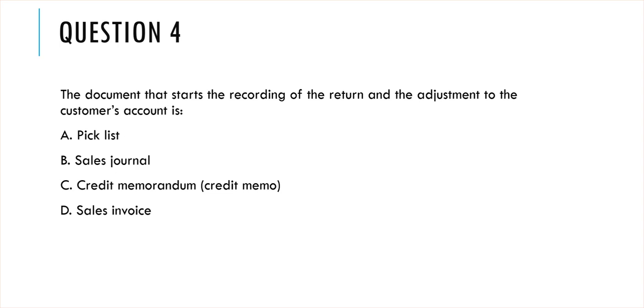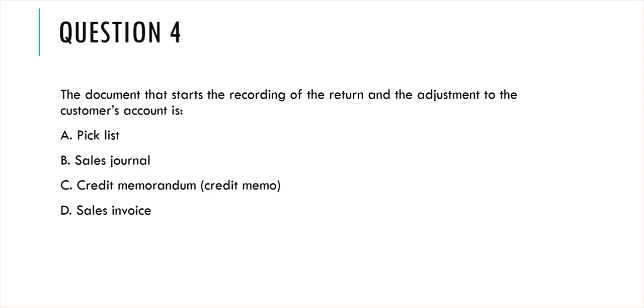Now, if you were to turn back a few pages, you would get to the sales documents. And the sales documents are the customer's purchase order, the bill of lading, and then the sales invoice. And this is on page 34. So instead of a customer purchase order, you have a return request.